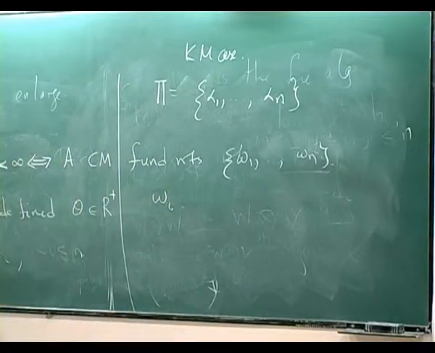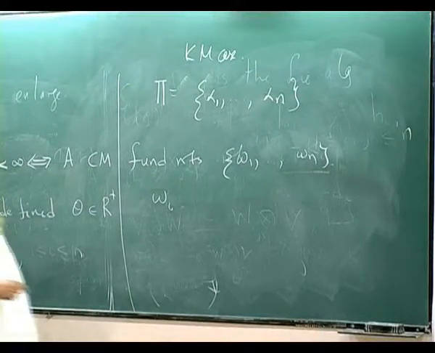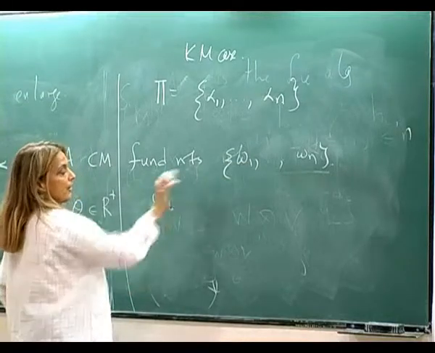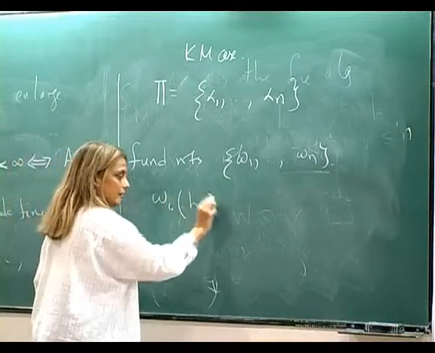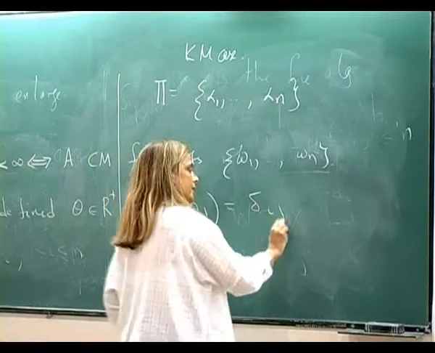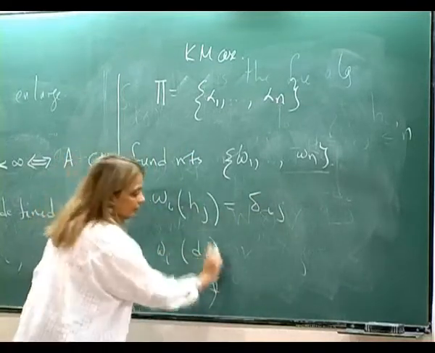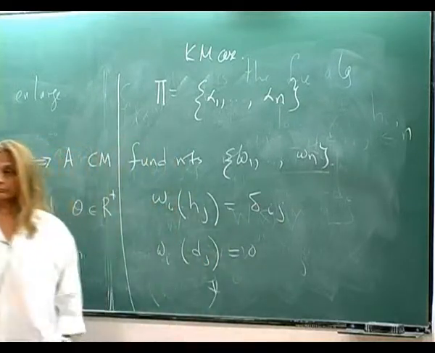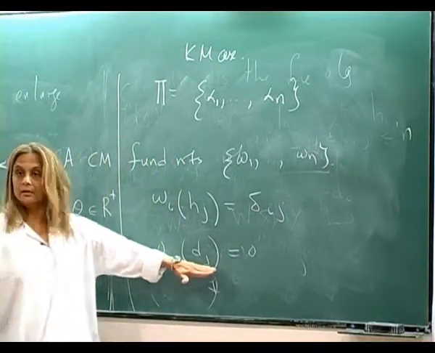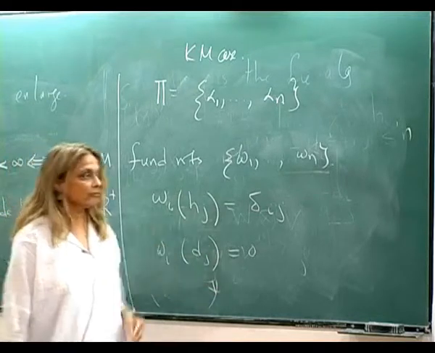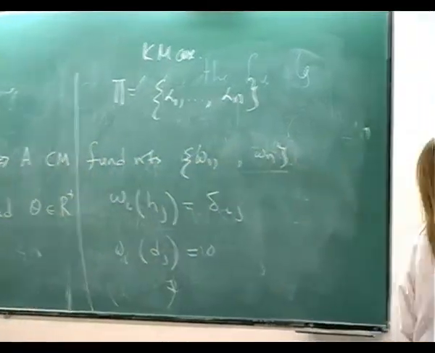Once you have an infinite dimensional algebra, you don't have a nice analog; you can't define the Killing form in the traditional way, because it was ad x, ad y, and ad x is now an infinite dimensional matrix. But you can just do it in a straightforward way: omega i of h_j is delta ij, and omega i doesn't see the additional things that you put in. These really are just a device to make your simple roots linearly independent.